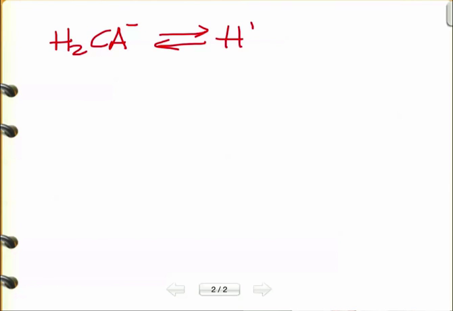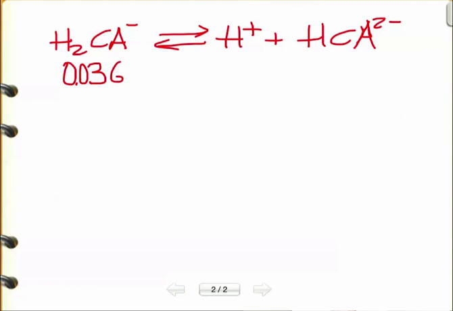H2Ca minus in equilibrium with H plus and HCa2 minus. We had 0.036 from this species and 0.009 from the other species. The acid is 0.036 and the conjugate base is 0.009.